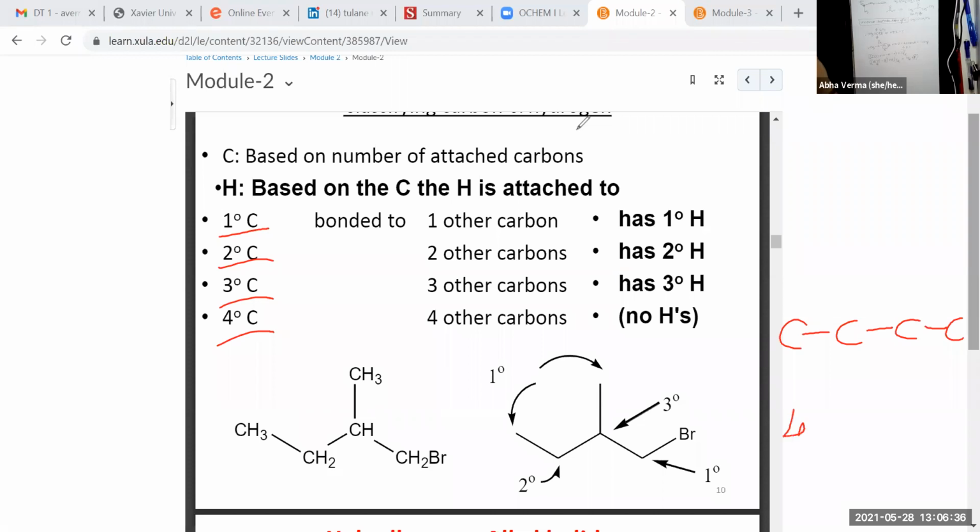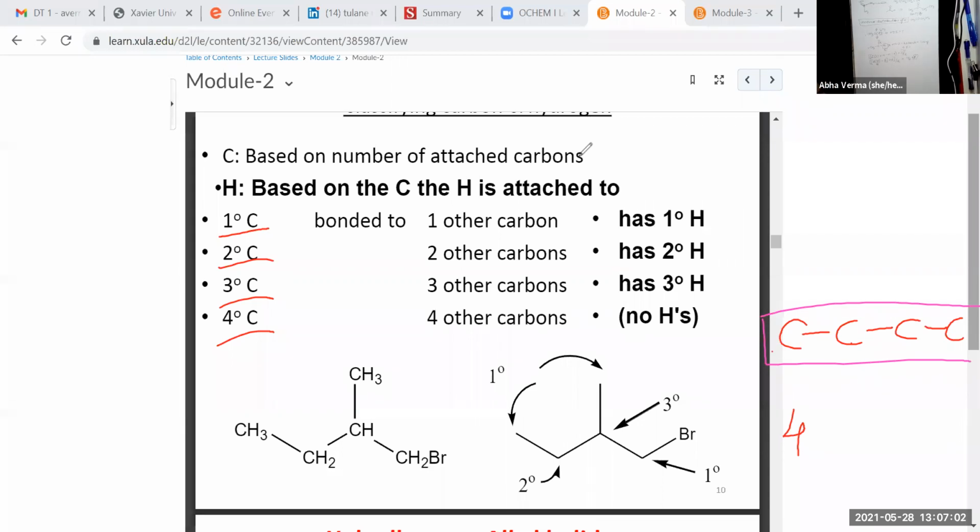I have 4 carbons. Now I don't need to draw all my hydrogens here because it will be understood that all the remaining bonds will belong to hydrogen. Any questions on why I just wrote 4 carbons and not the hydrogens? Okay.